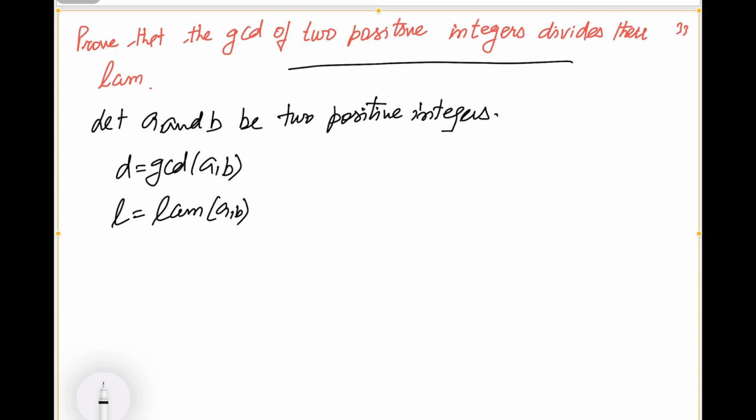So using the definitions of GCD and LCM, what we get? d divides a, d divides b. And from the definition of LCM, we get a divides L and b divides L.